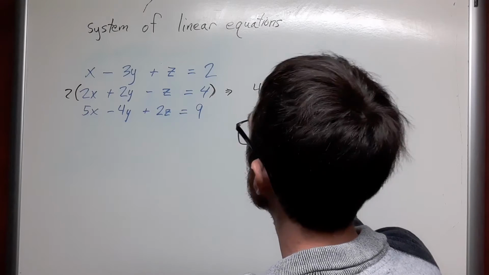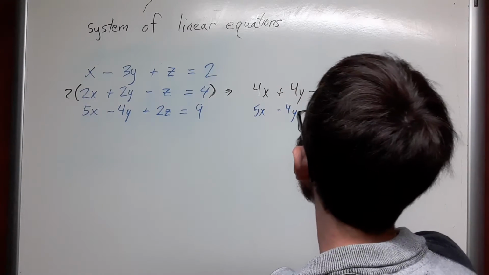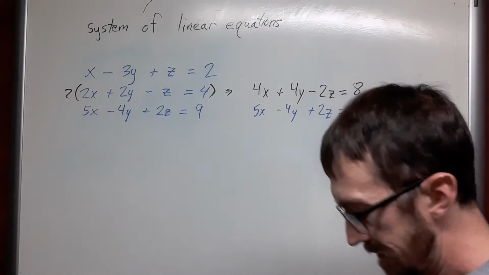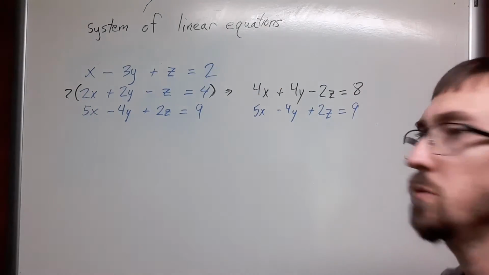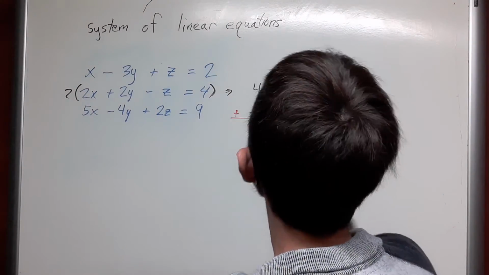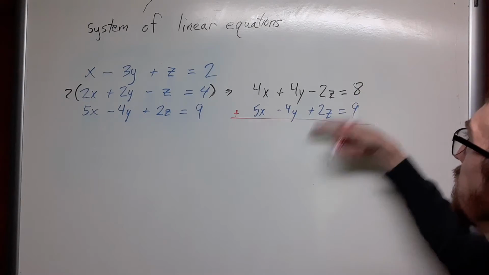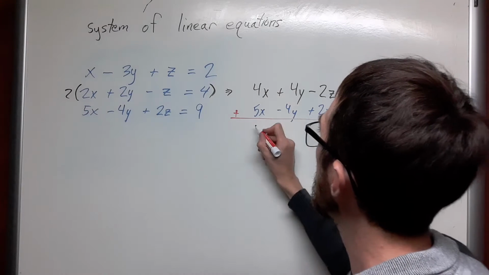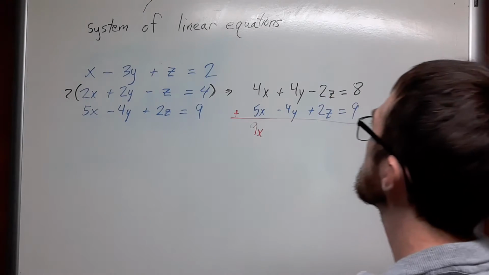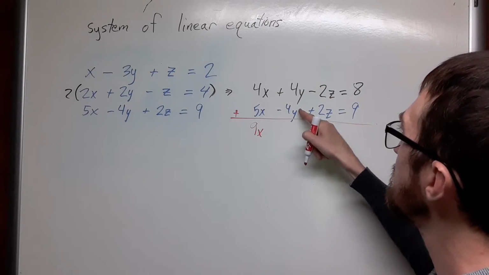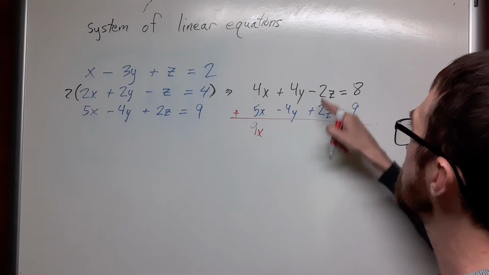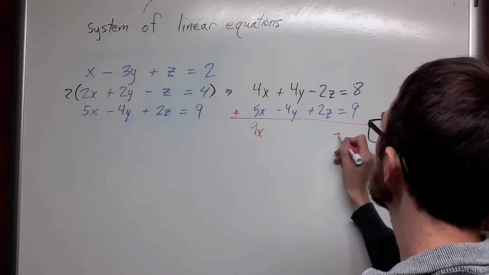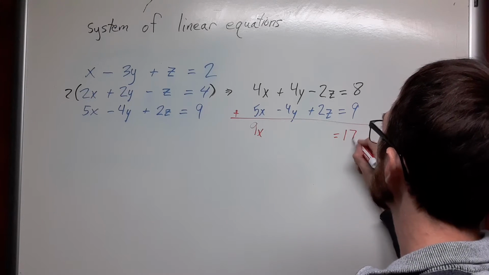We're going to keep it 5x minus 4y plus 2z equals 9. And we're going to do the addition on this. So we're going to go by columns and add. So 4 plus 5 is 9x. 4 minus 4 is 0. Negative 2 plus 2 is 0. 8 plus 9 is going to give us 17.